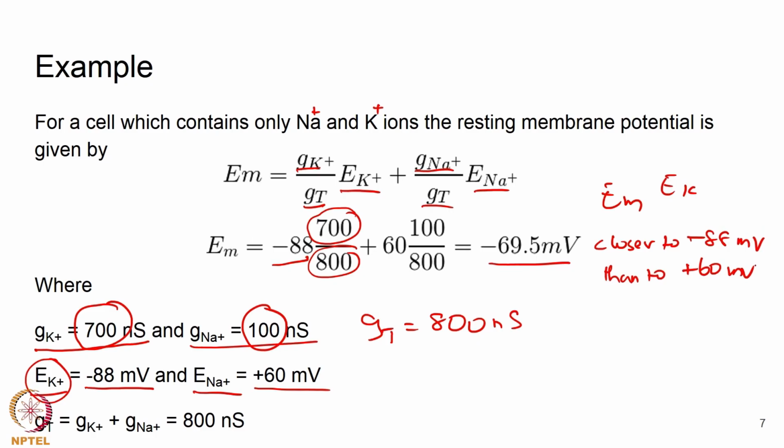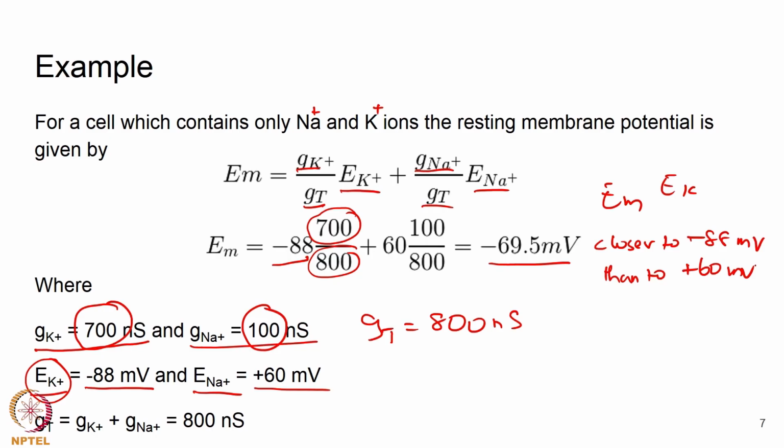What are minus 88 and plus 60? Minus 88 is the equilibrium potential of potassium and plus 60 is the equilibrium potential of sodium. Since a lot of the conductance comes from potassium, the membrane potential is closer to the potassium equilibrium potential rather than to the sodium equilibrium potential.